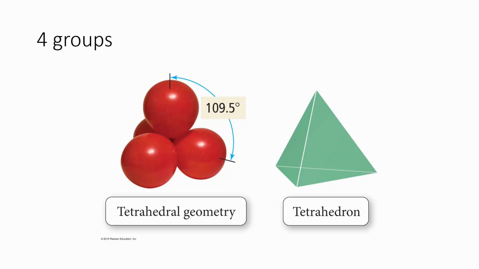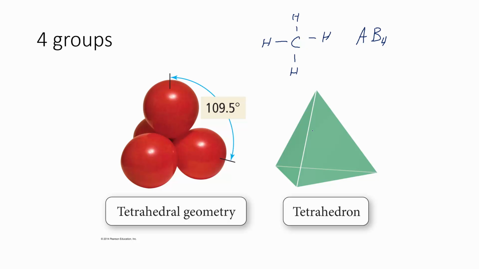Now, if we have 4 groups attached, that's referred to as tetrahedral geometry. And something like methane is an example that we'd see a Lewis dot structure of. 4 groups attached to the center. That means AB4. It's our overall shape.